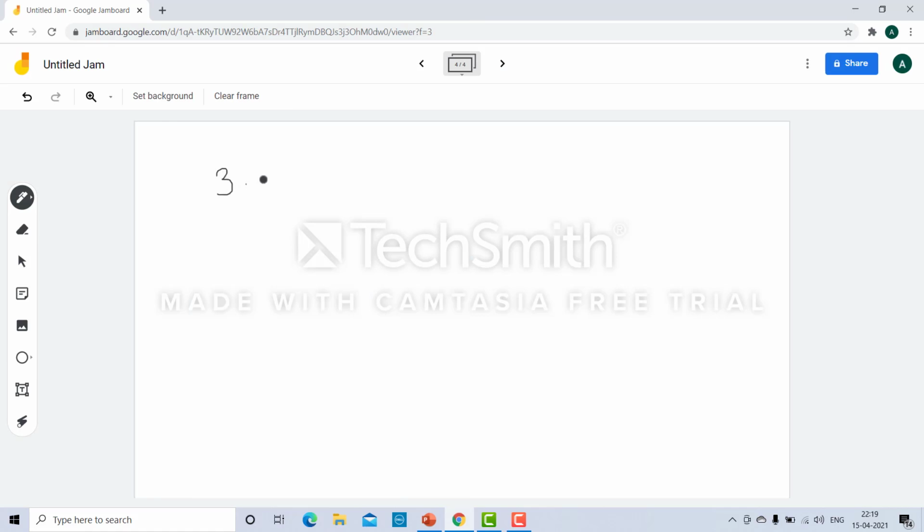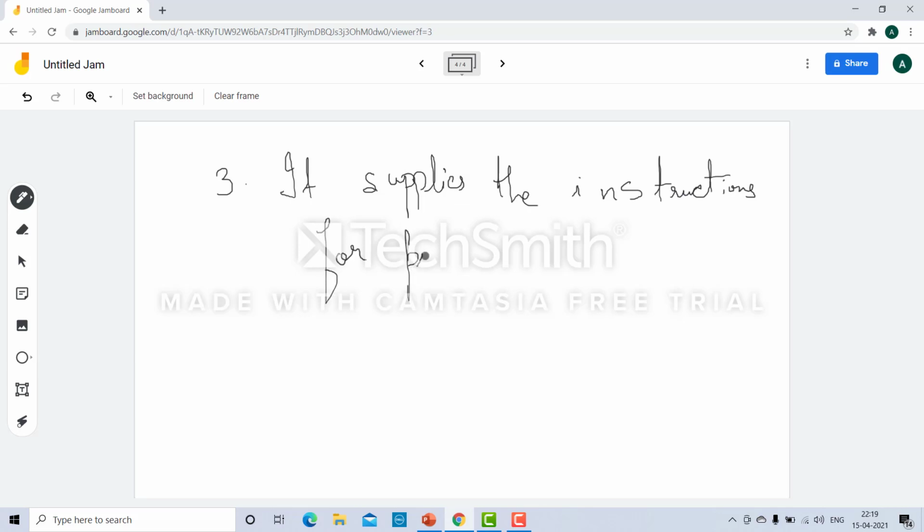It also supplies the instructions for processing. Children, suppose we have given 3 plus 2 to the computer.